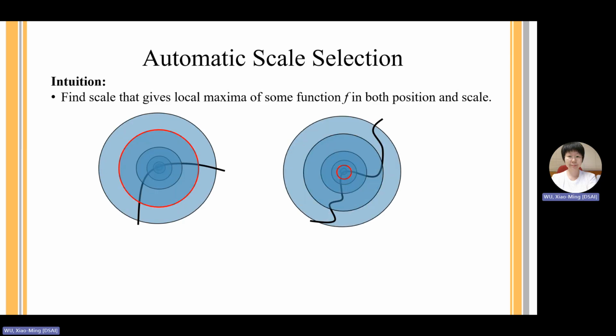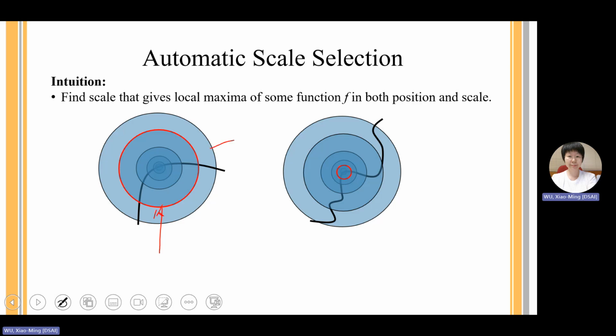Well, let's take a look at these 2 cases, and let's see which window is appropriate. For the left image, which window is most suitable? Perhaps the red one, or the largest one.